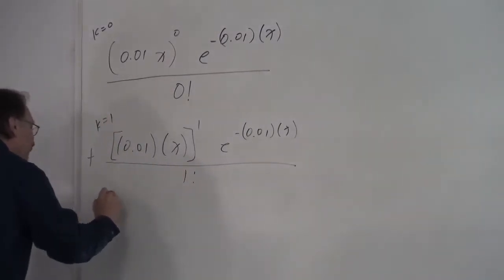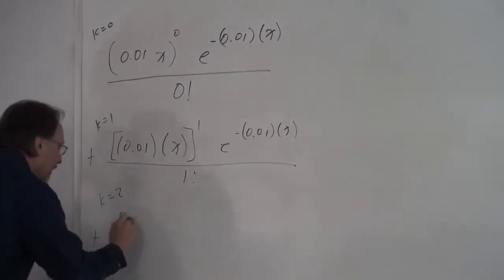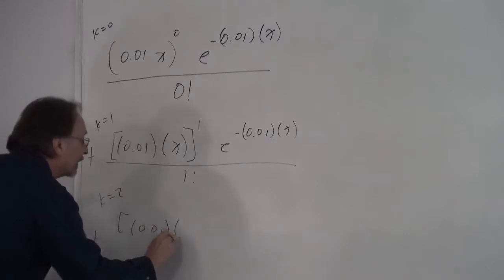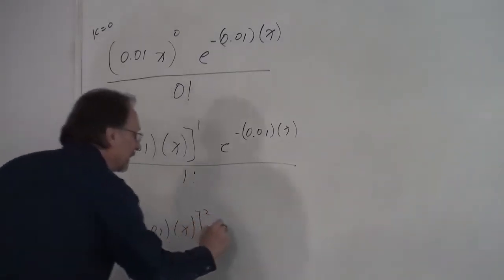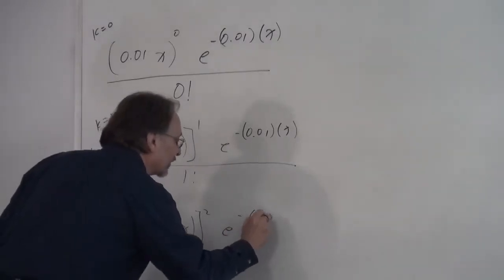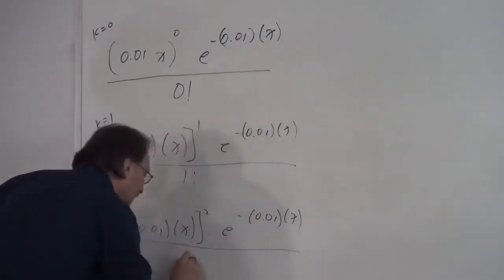And then for k equal to 2, which is r minus 1, that's 0.01 times x to the squared, e to the minus 0.01 times x over 2 factorial.